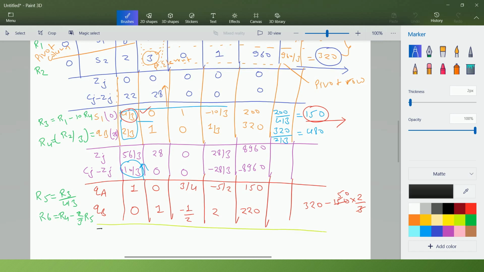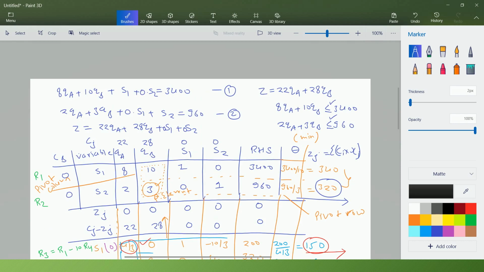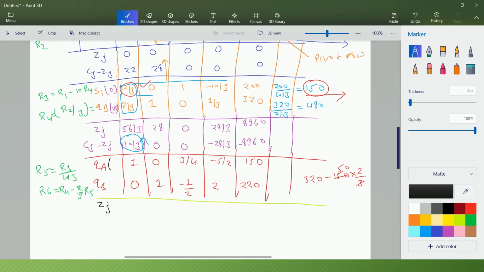Let me calculate Zj. So the value of QA is 22 and QB is 28. So here I will write 22 and 28, okay. So 22 multiplied by this plus 28 multiplied by this, so here I will get 22. Here I will get 28.